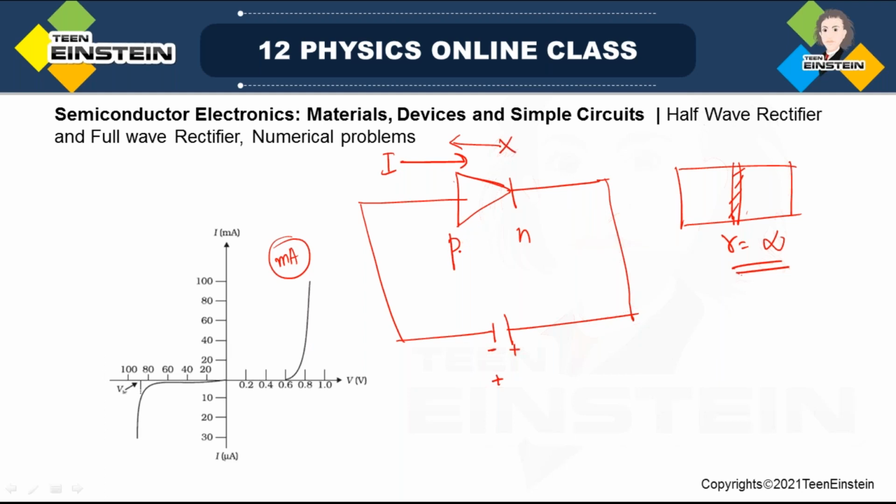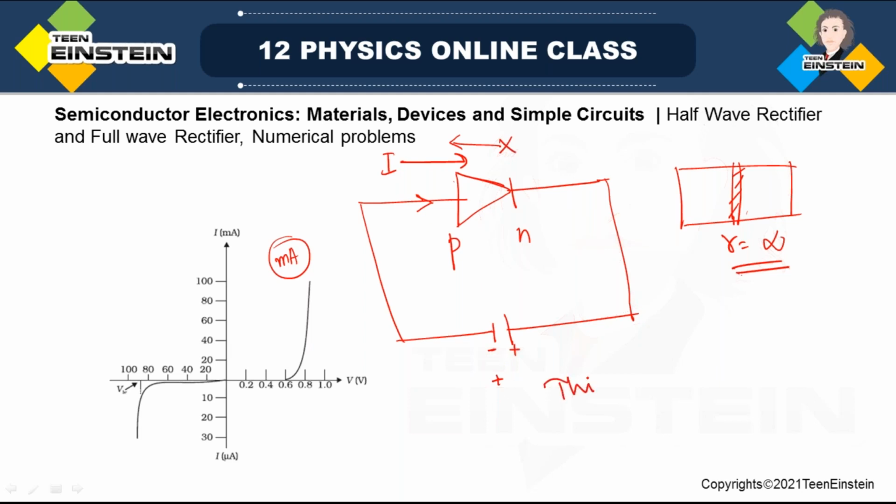That means it has a special property such that it allows flow of current in only one direction.